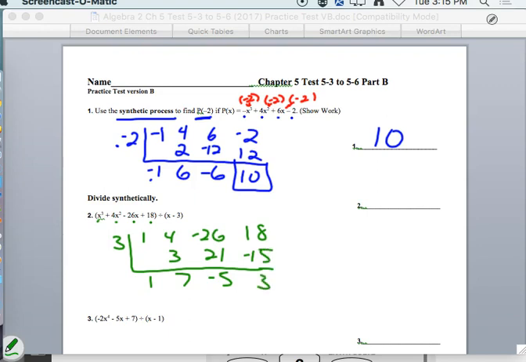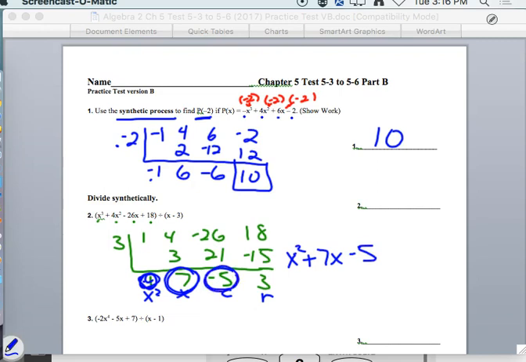But this isn't like the problem that we did in number 1. We're not just interested in that last number here. This last number is our remainder, this is our constant, this is our x, and this is our x squared. So that means we have x squared, and that's 1x squared because of the coefficient right here of 1. And then we have 7x, again, there's our coefficient for that one, minus 5 is our constant.